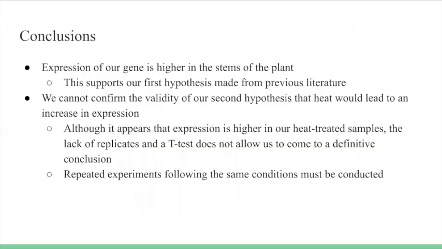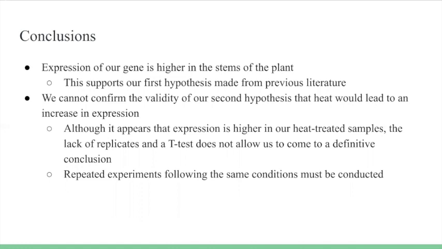So next slide. And so our conclusions for our experiments and for our research project this semester was that firstly, expression of our gene is higher in the stems of our plants. We first hypothesized this based on our previous literature, and this was confirmed using data analysis of previously collected data from the Hazen lab. And our second hypothesis was that heat would lead to an increase in expression in our stems.